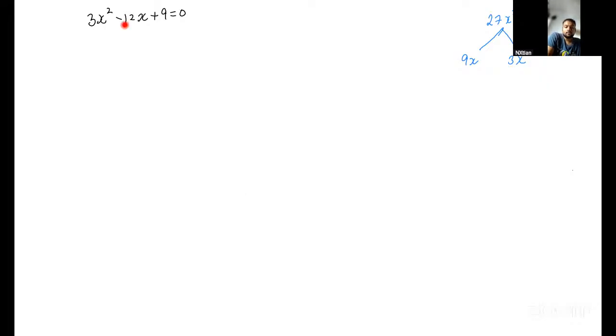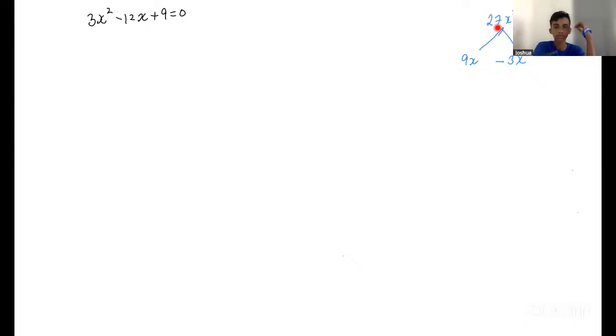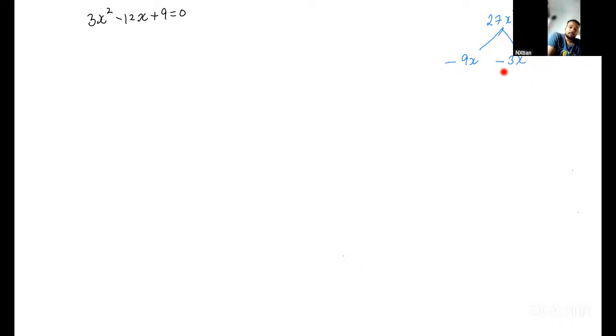Now what will we do? Minus 3. If you put only minus 3, when you multiply it, you will get minus 27x square. But we need plus 27x square. So put minus on both of them. If you put both minus, when you multiply it, you will get plus 27x square, which is correct. And when you add it, you will get minus 12x, which is also correct.